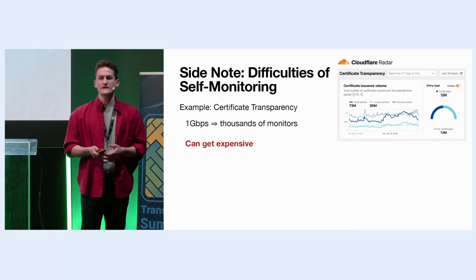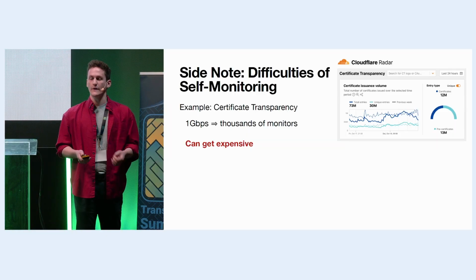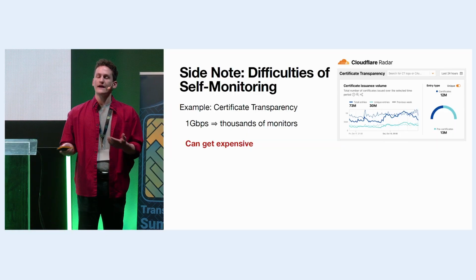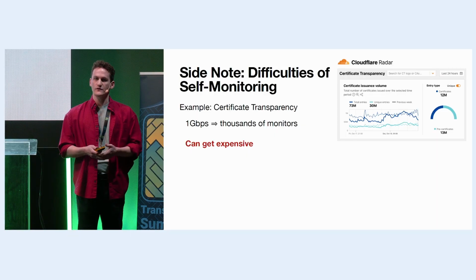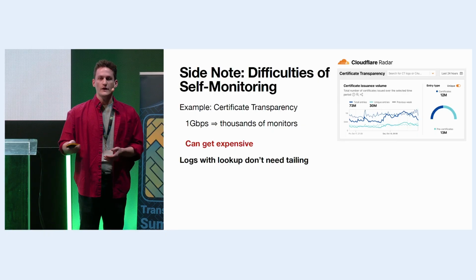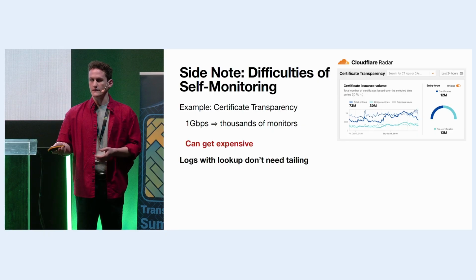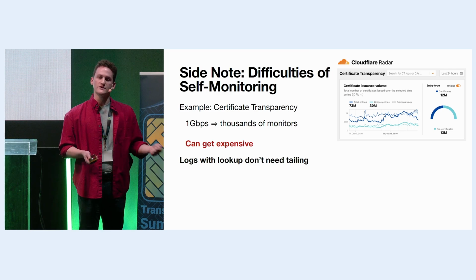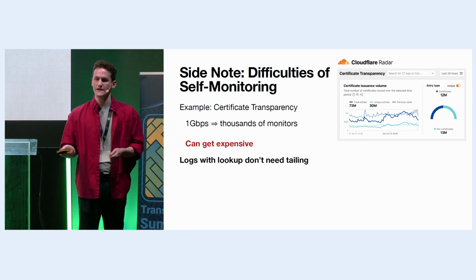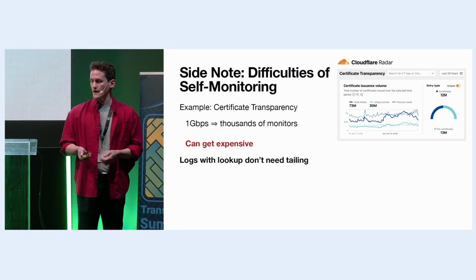So in particular, this means that not everybody can self-monitor their CT certificates. They have to rely on a monitoring service. On the other hand, if you have a log with structure, you can query the log and get back the latest value and know for a fact that nothing has changed since the last time, so you don't have to do the same tailing process.